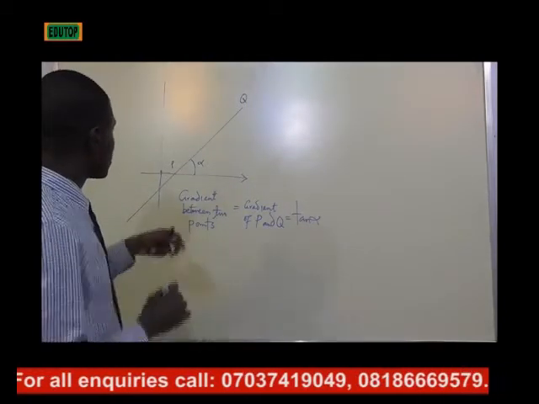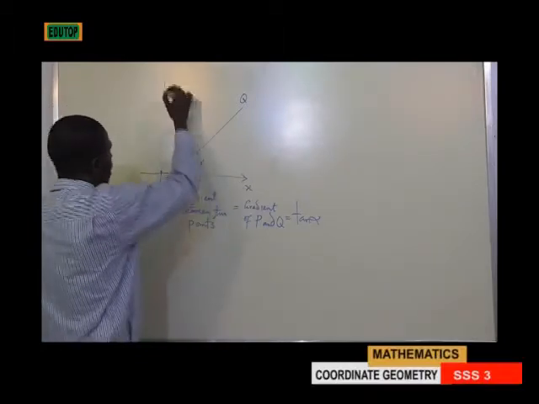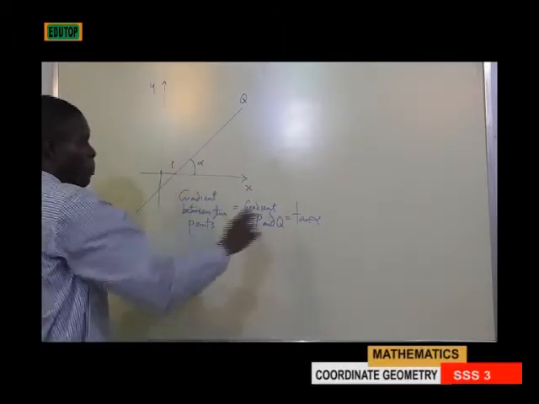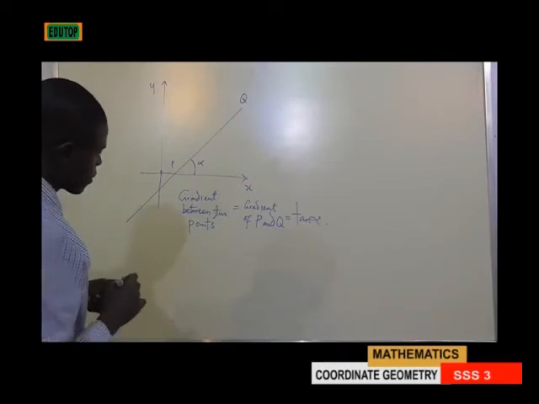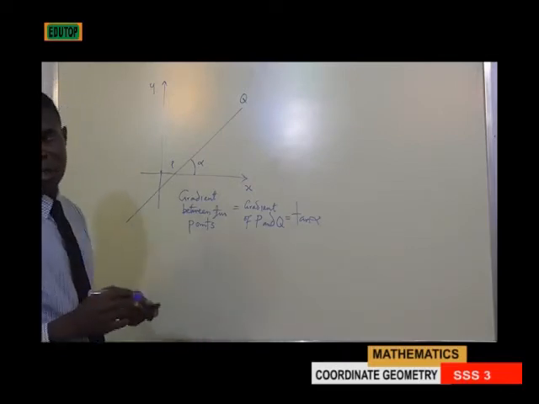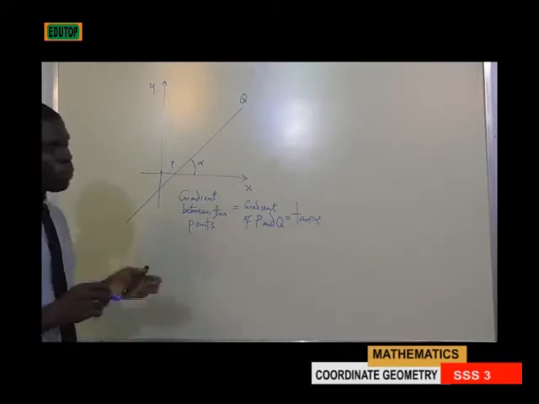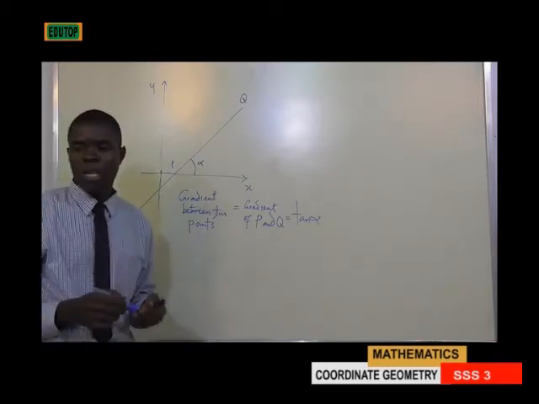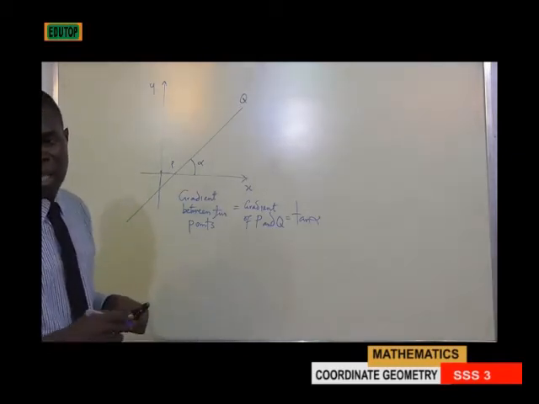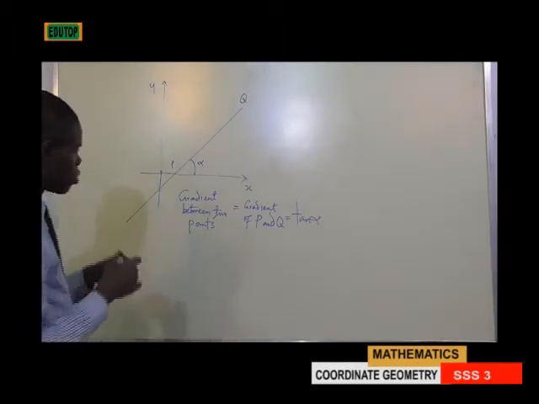To appreciate this angle, this is our x-axis and this is our y-axis. You can be asked to find the gradient between two points, and also determine the angle between them.